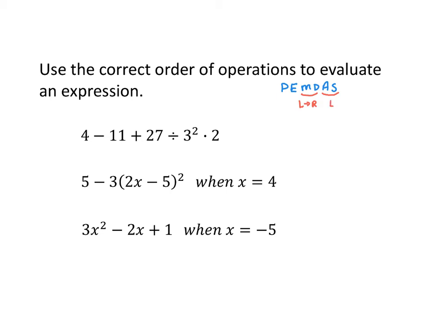Left to right. If they appear consecutively in order, then you do whichever one comes first as you go from left to right. So what you should probably do now is pause the video, try these 3 problems, and then when you finish getting what you think your answer is, unpause it and check your answer.